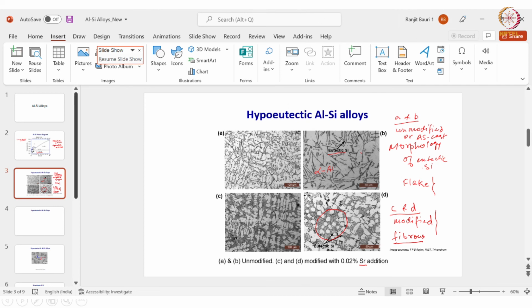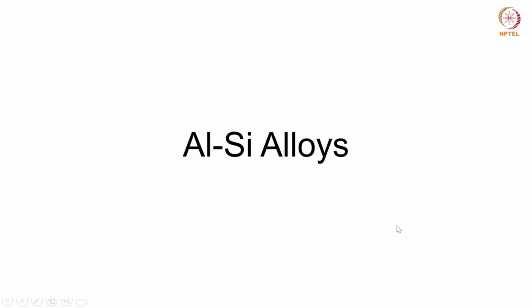Okay. Then we took the example of this particular alloy to discuss more about the cast aluminium alloys, because this alloy is one of the most commonly used aluminium alloys because of its excellent properties, which are useful in many applications such as automotive.